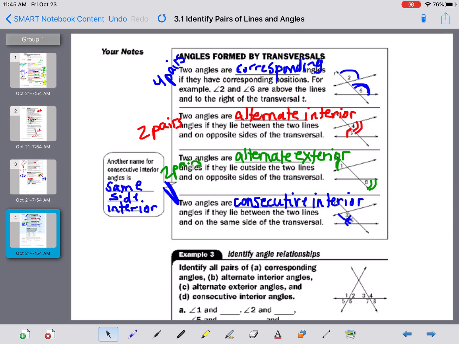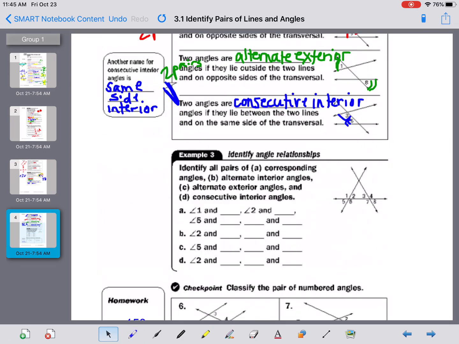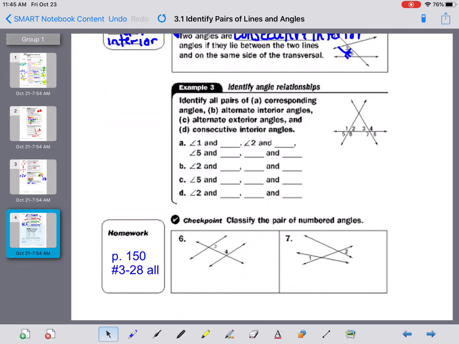All right, so let's practice these, just identifying them here, okay? So on this diagram, let's make sure we understand the diagram first. So here's my two lines in my plane, okay? Then in between here, this one coming through and cutting through, this right here is my transversal.